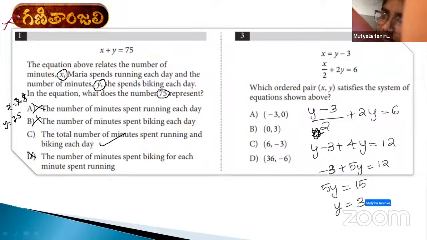Y equals 3. You know, there is only one option having y coordinate 3. That is option B. Option B only is correct.